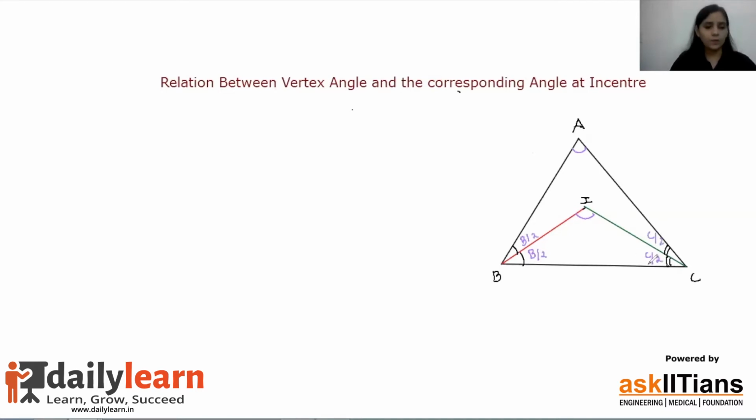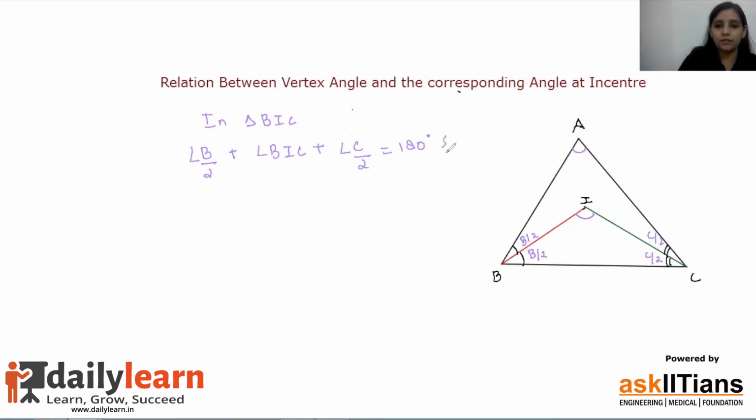This is possible because BI and CI are the angle bisectors. In triangle BIC, we can use the angle sum property: angle B by 2 plus angle BIC plus angle C by 2 is equal to 180 degrees, the reason being the angle sum property.